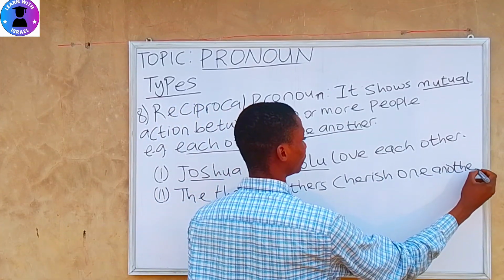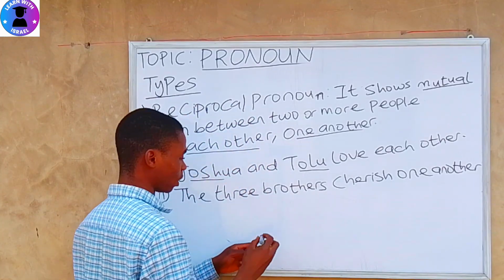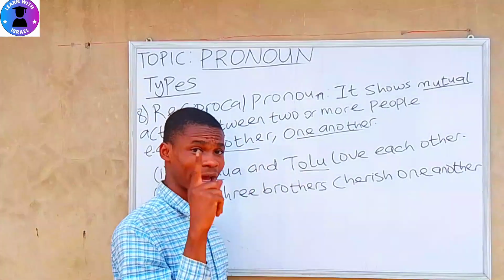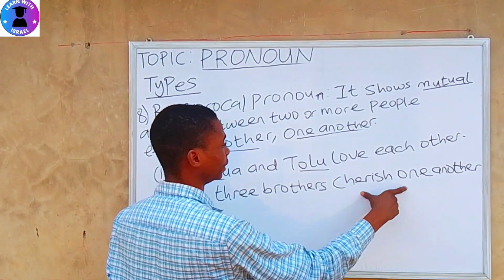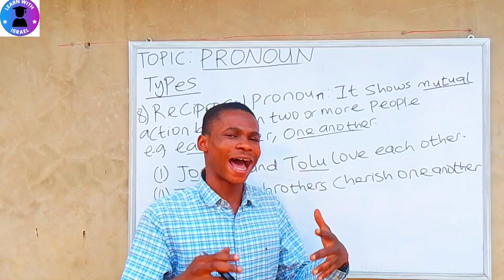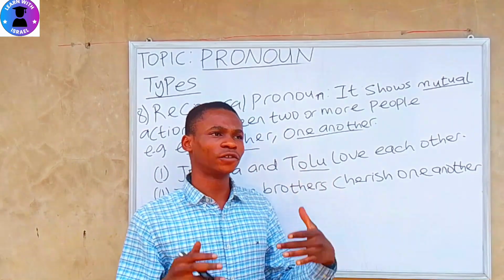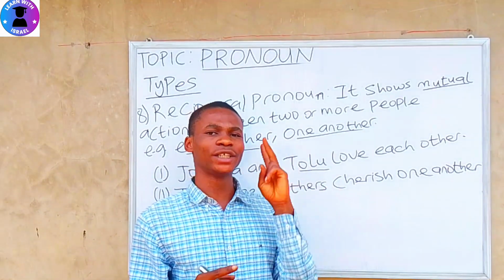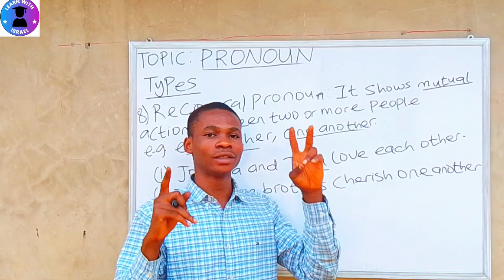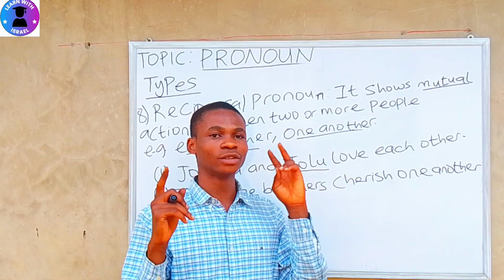The three brothers cherish one another. It cannot be brother because it is plural. The three, so it is more than one. So the three brothers cherish one another. And you can say Nigeria as a country loves one another. It is wrong to say each other because we that are in Nigeria are more than two.